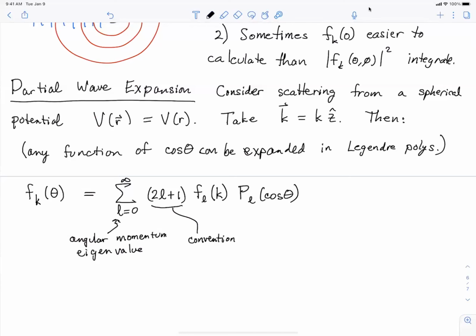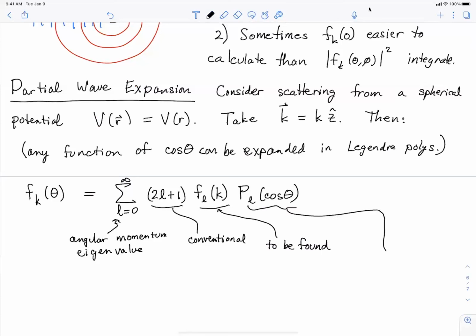Somebody a long time ago decided it would be a good idea to factor out 2L plus 1. But if they hadn't done that, they could have absorbed it into the definition of f_L of k. So those are some coefficients, and those are what we want to find. Okay, and of course the P_L of cosine theta.